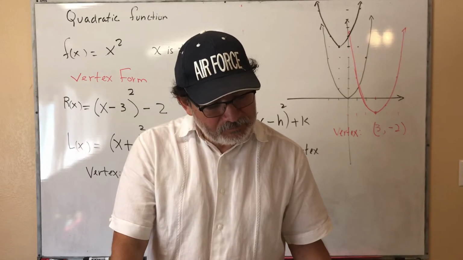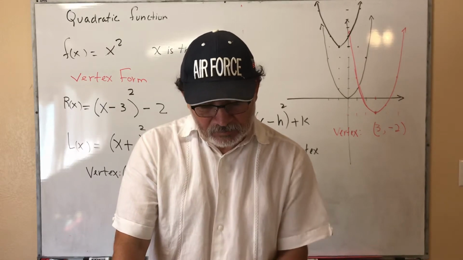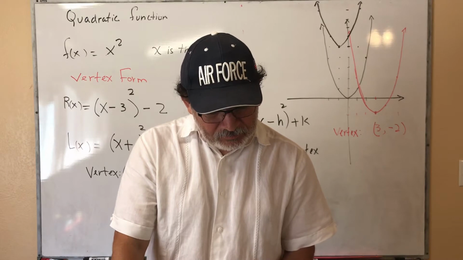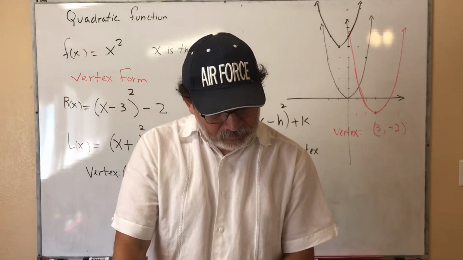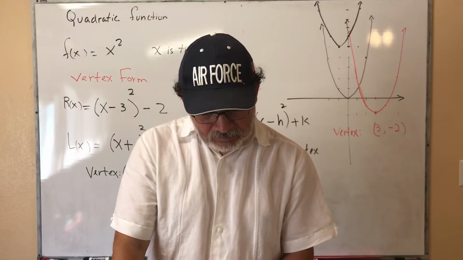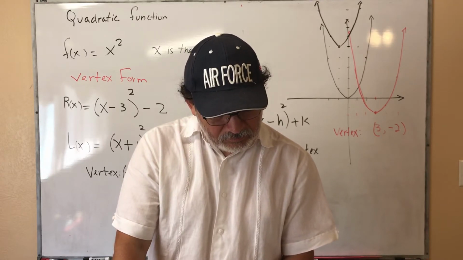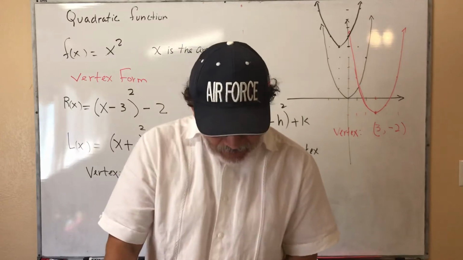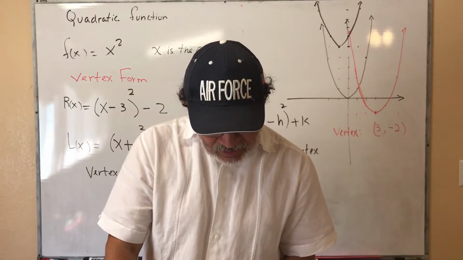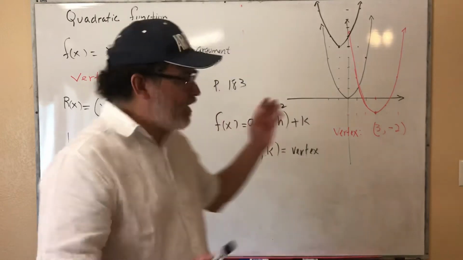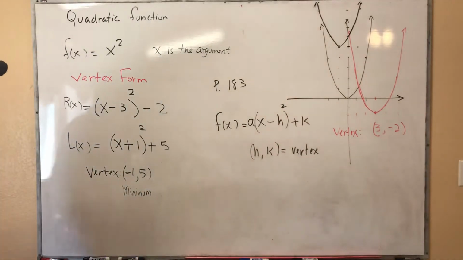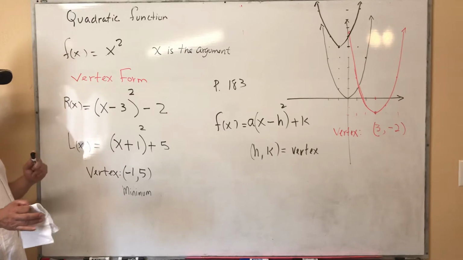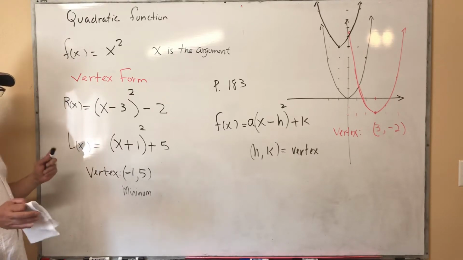Now, here is a parabola. All right. In a few minutes, I'm going to show you how to find, I'm going to give you a different formula for the vertex, okay?